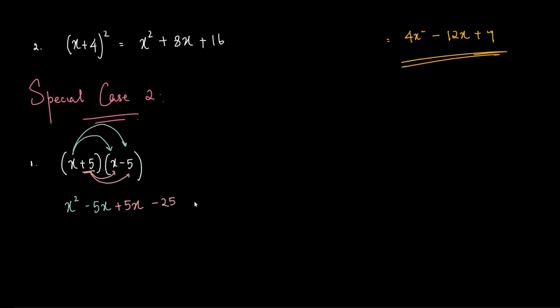Now the special case in this question is that if you notice, the middle two terms will cancel each other out. Minus 5x and plus 5x will just delete each other and turn into 0. Now this never happened before because we didn't have a conjugate pair multiplying together in the previous video or in previous examples. But compare special case 1 and 2.